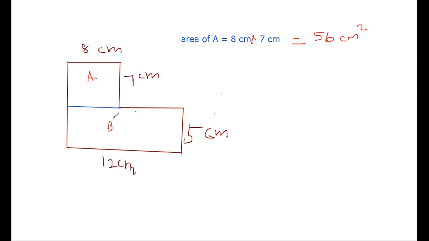Then I also have to find the figure B area. So I can write area of B. How can we find it? Length into breadth. Length is 12 centimeters. Breadth is 5 centimeters.